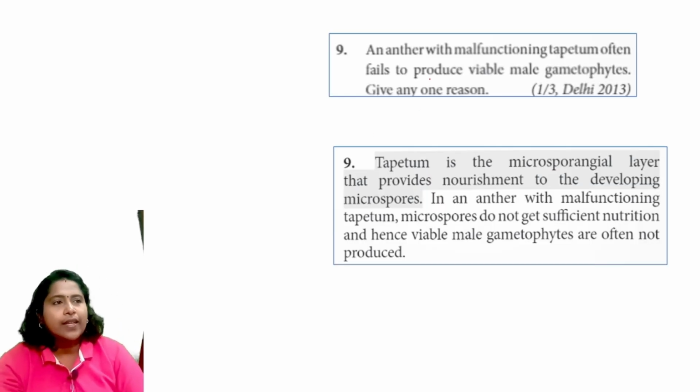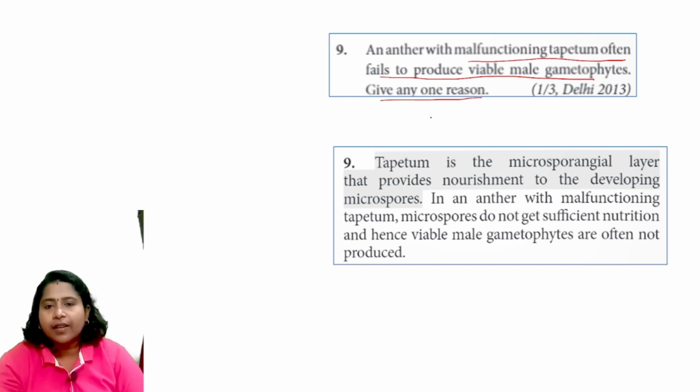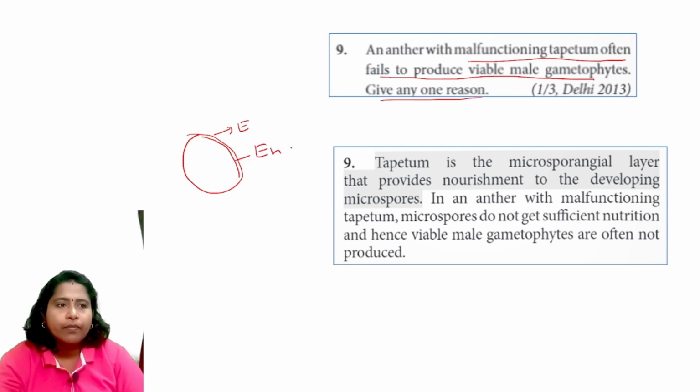Then the second question: an anther with malfunctioning tapetum often fails to produce viable male gametophyte. Give any reason. So the microsporangium has four layers: outermost epidermis, then endothecium, then middle layers, then the innermost tapetum layer.